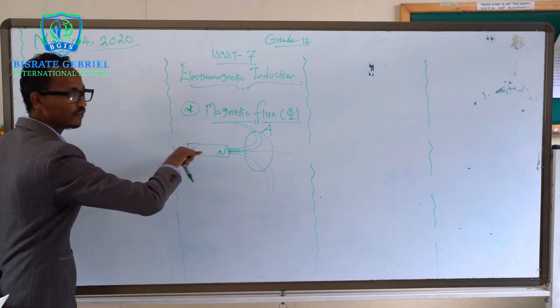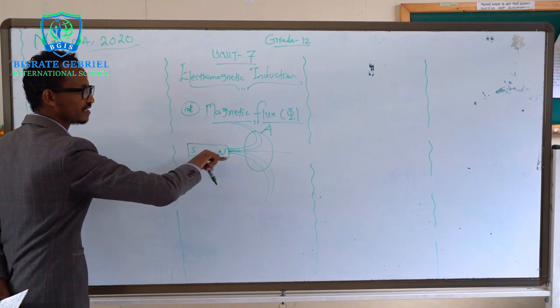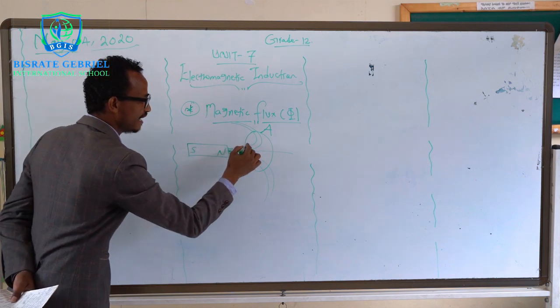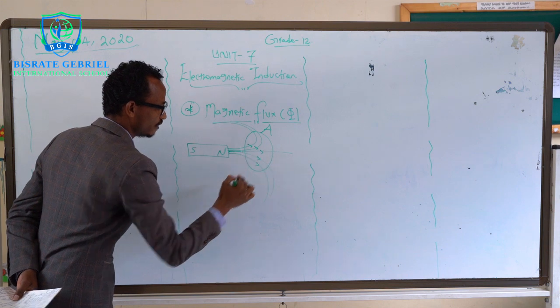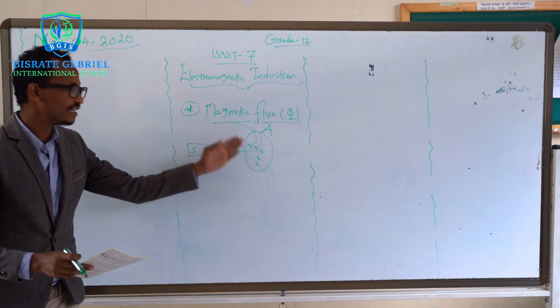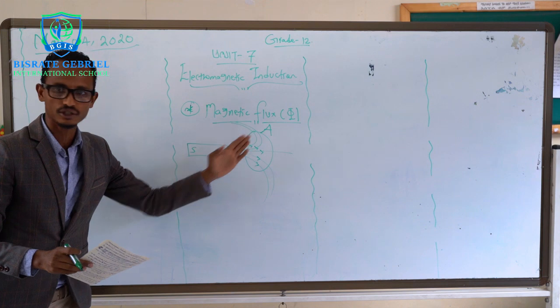So when we move the magnet very near or towards the region of area A, as you observe here, the field lines will penetrate or cross the region of area A.